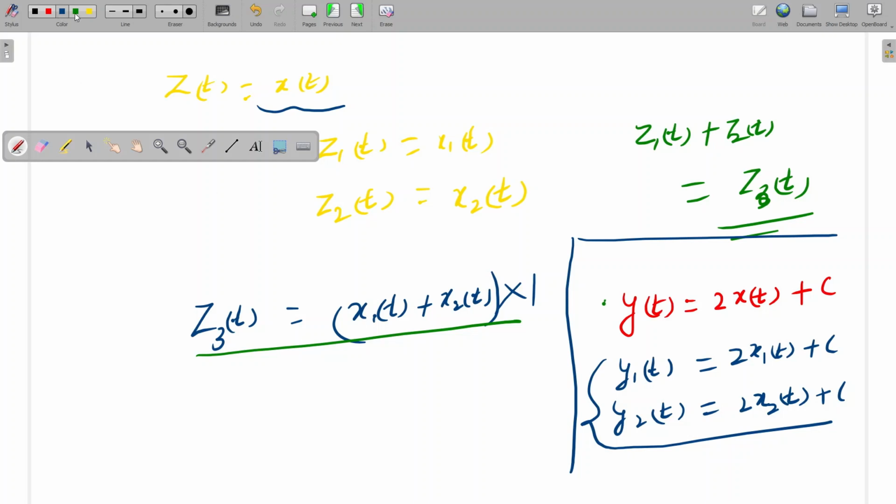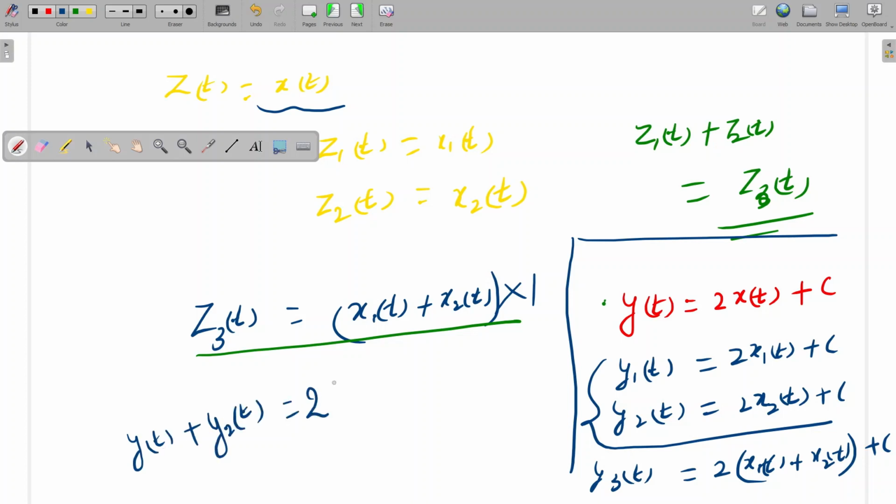So the same transformation we will apply to x1 plus x2. So y3 of t will be 2(x1 of t plus x2 of t) plus c. Now if you see here, y1 of t plus y2 of t is equal to 2(x1 of t plus x2 of t) plus 2c.